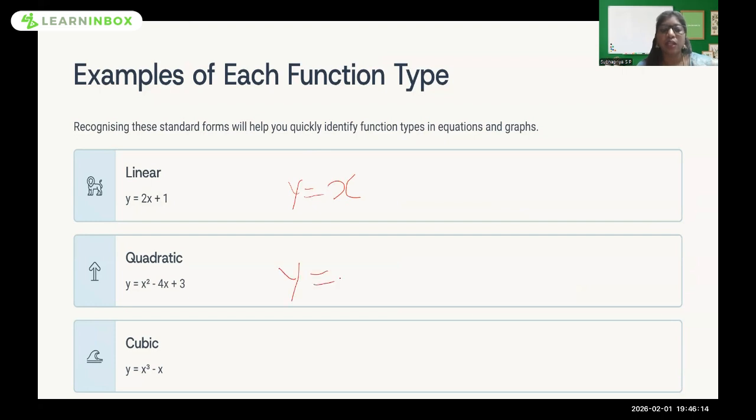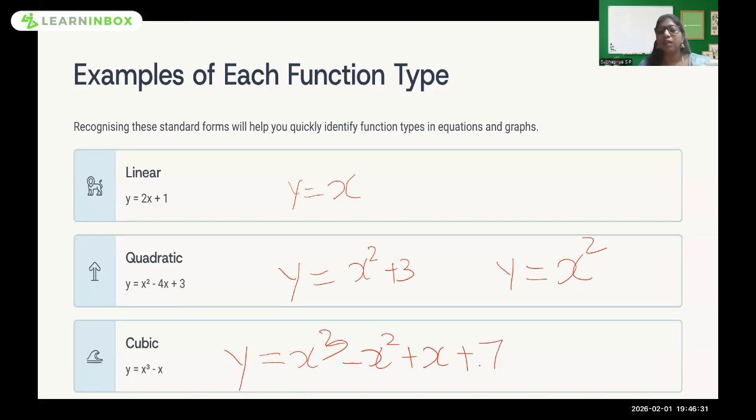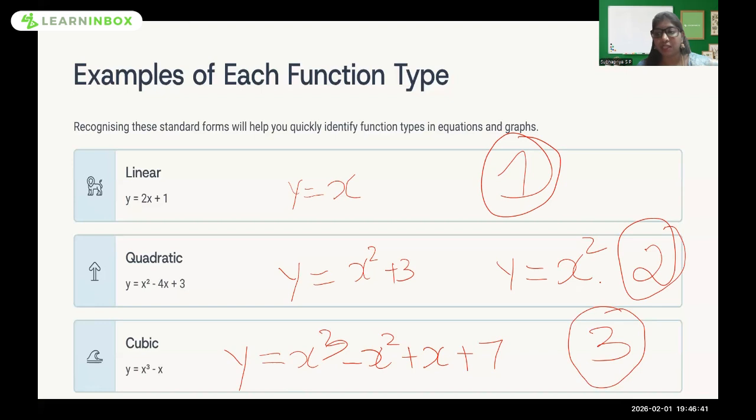For quadratic, like x square plus 3 also can be an example, or x square alone. For cubic, it can be x cube minus x square plus x plus 7, anything. That is, for linear, the power has to be 1. For quadratic, the power has to be 2. For cubic, the power has to be 3.